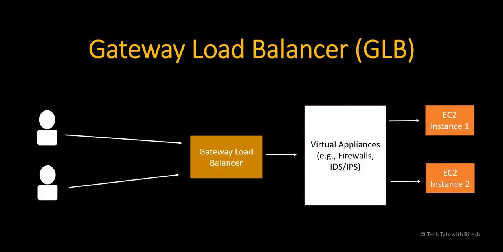And this is the high-level architecture of GWLB, Gateway Load Balancer. The load balancer is here. We have the virtual appliances. So for example, firewall: we always put a firewall or intrusion detection system before we have the server, so that if there is any malicious activity, we can protect our servers. That is the whole purpose of this load balancer.